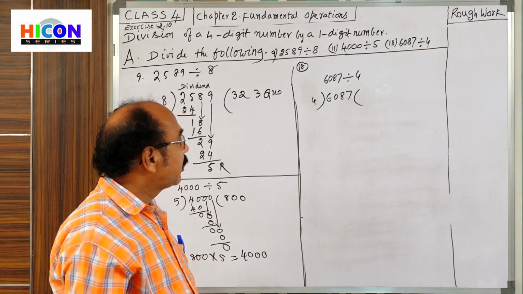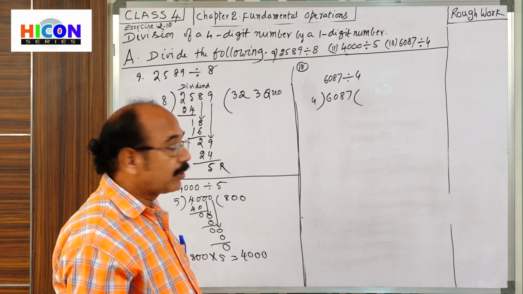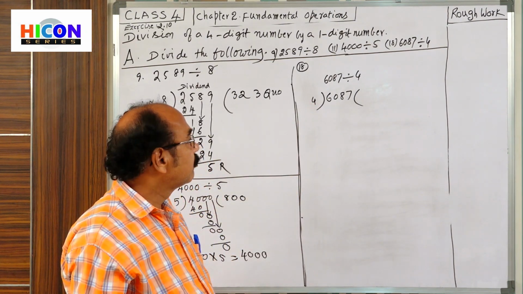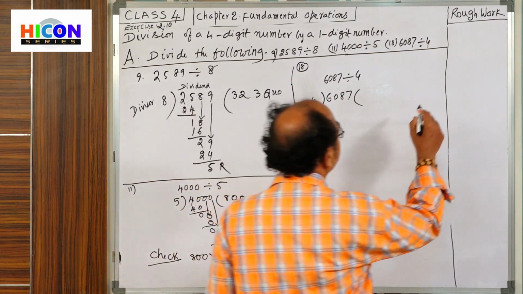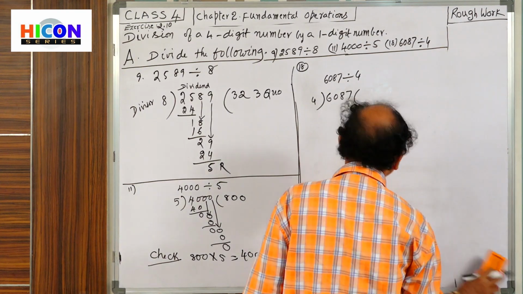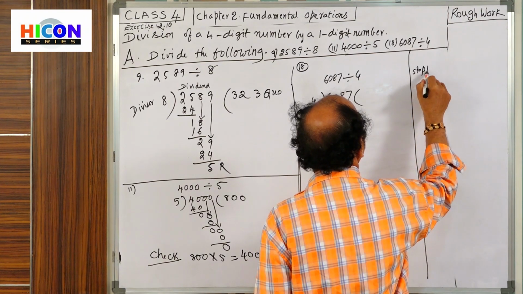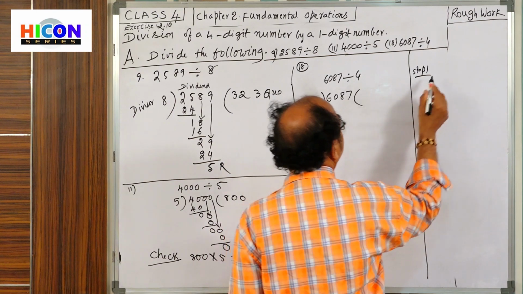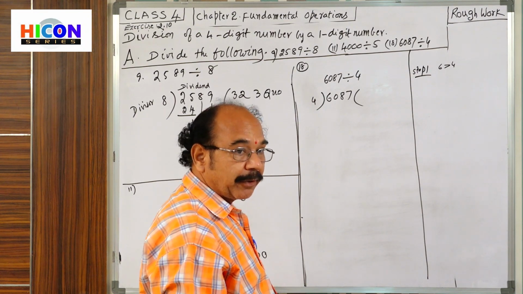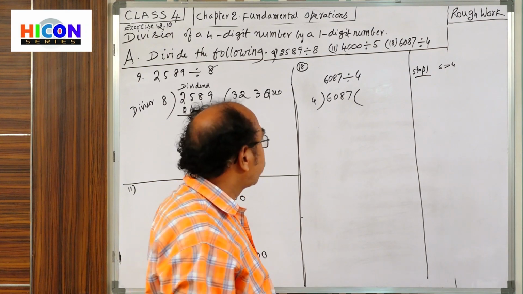In step 1, divide 6 with 4. 6 is greater than 4. So divide thousands and subtract.